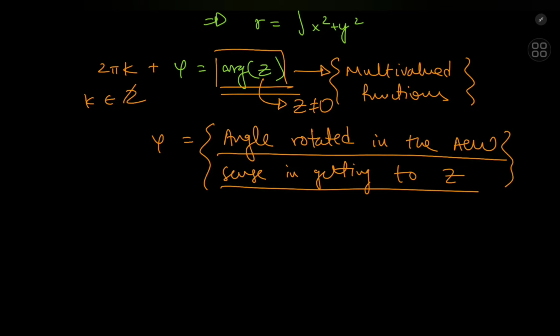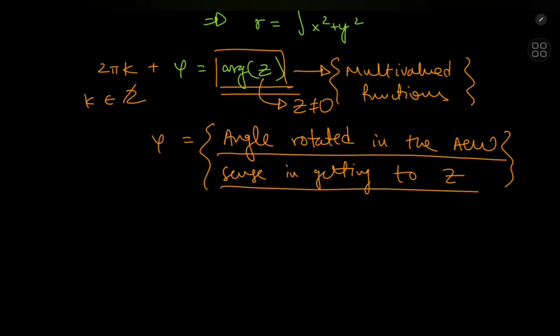A function being multi-valued is kind of disadvantageous. The main reason for that is we cannot talk of a function being continuous if it's multi-valued. Yeah, that's a bummer. But is there a way to fix this? Is there a way to make the argument function single-valued?